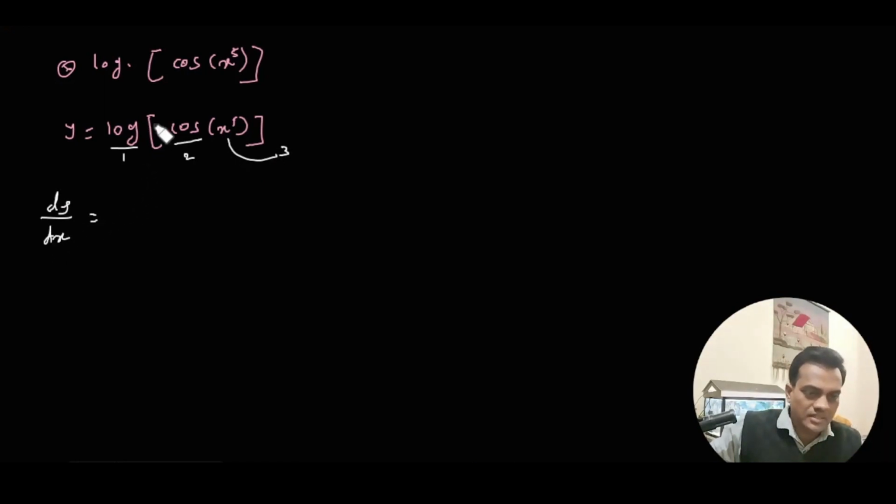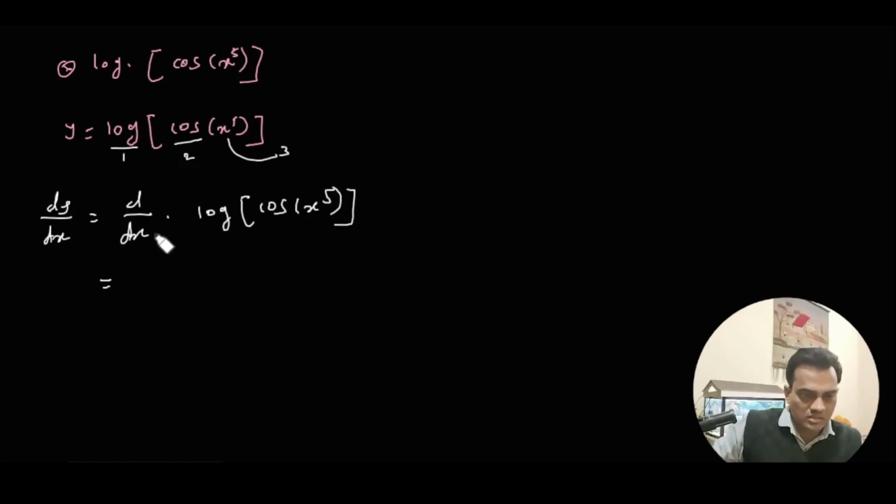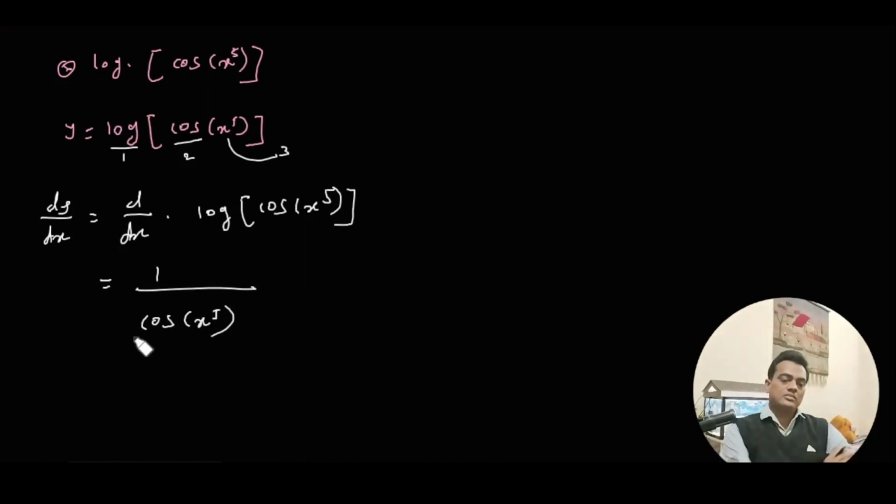So dy by dx is equal to, first of all take the derivative of this particular. So d by dx of log of cos of x raised to 5, then the derivative of this log is 1 upon cos of x raised to 5. So the derivative of the log function is done, and then we have to find the derivative of the second function, that is the cos function.